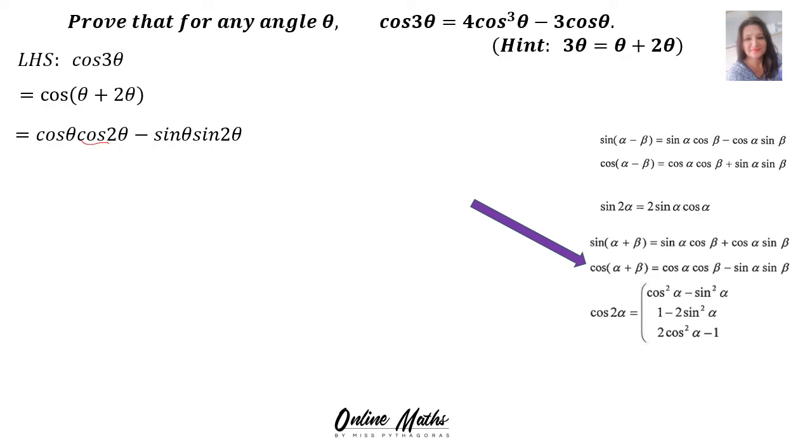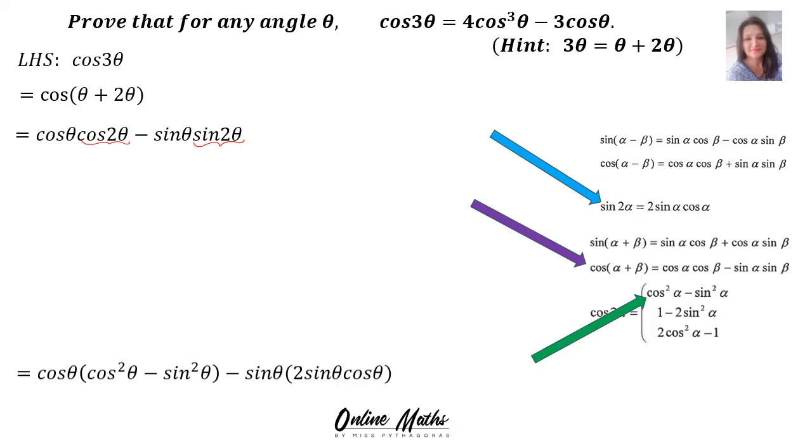There's the cos 2 theta double angle, and which one to choose? I chose the one that contains the sin, since in the rest of the sum there's sin. And for sin 2 theta, there's only one option anyway: sin 2 theta is 2 sin theta cos theta.